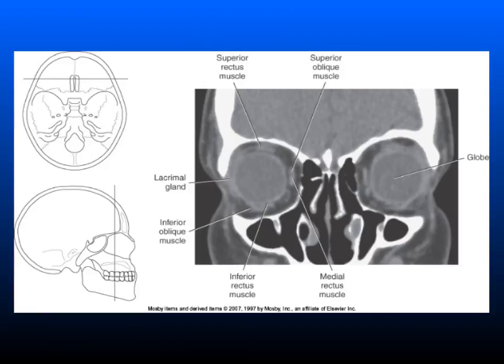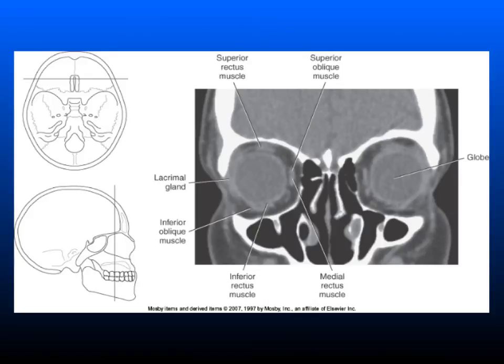So here's a CT of the same area again. It's a coronal, and it's funny because now the anterior and posterior rectus muscles are not shown. They're up here, right? And then the superior oblique muscle and the medial rectus muscle are kind of shown here.